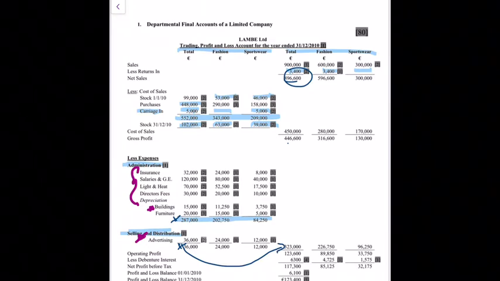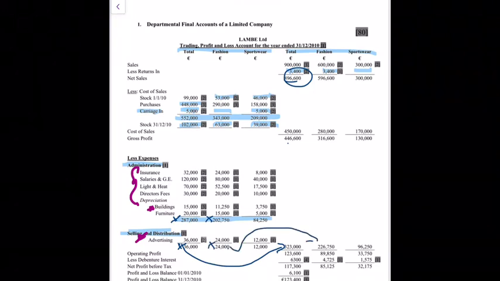As well, you have 202,750 plus 24,000. Add those two together, and that's where that 226,750 is coming from. And the same here, you've got 84,250 plus your 12,000, which added together bring your total expenses in that department to €96,250.